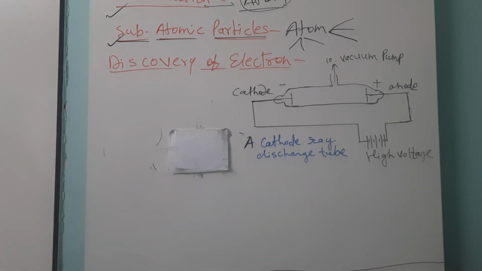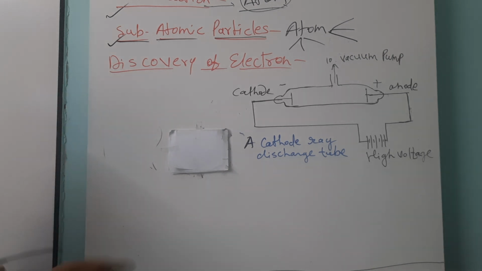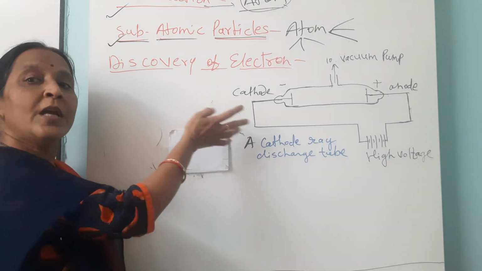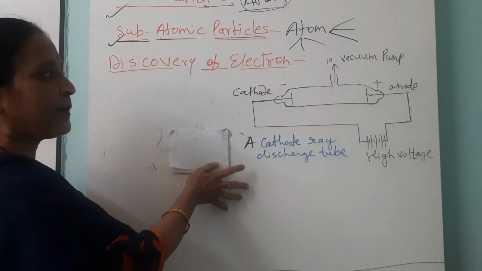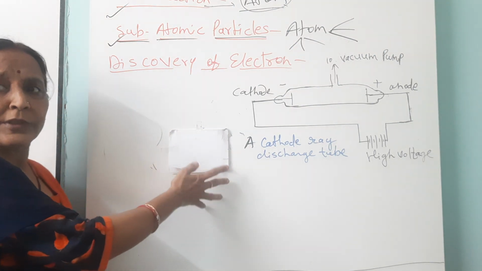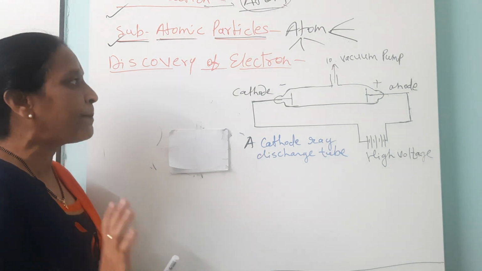we will go towards the experiment of Faraday, right? First, for the discovery of the electron, before Rutherford, we will study the experiment of Faraday, who did the experiment for the presence of different types of subatomic particles.